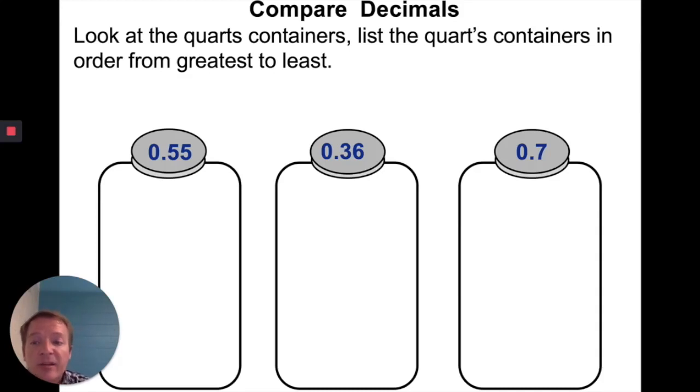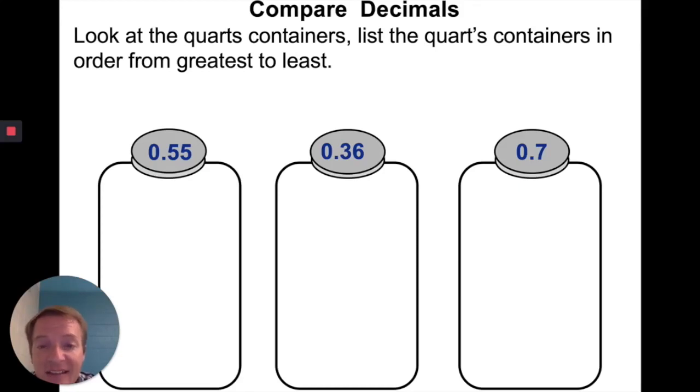Now, we always talked about to find the biggest number, you're going to go to the right of the decimal point. So I have 5, 3, and 7. Which one is bigger? Well, 7 is. So 0.7 is going to go first. Then what? I have 5 and 3 left. Well, I know that 5 is bigger than 3, and we're going from the biggest to the smallest, so 0.55 or 55 hundredths is going to go next.